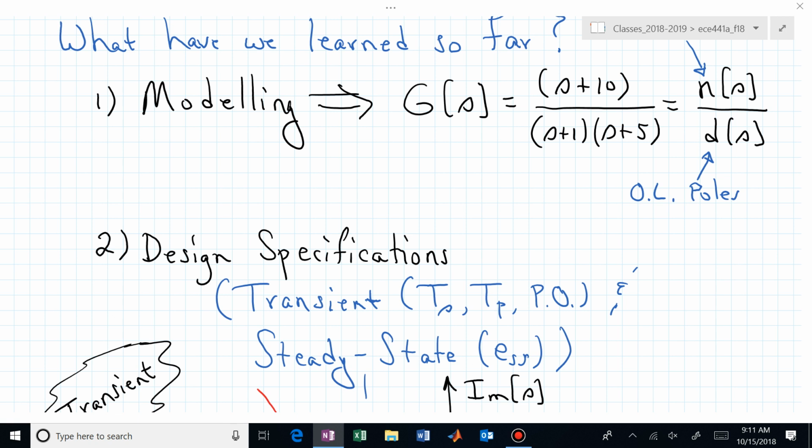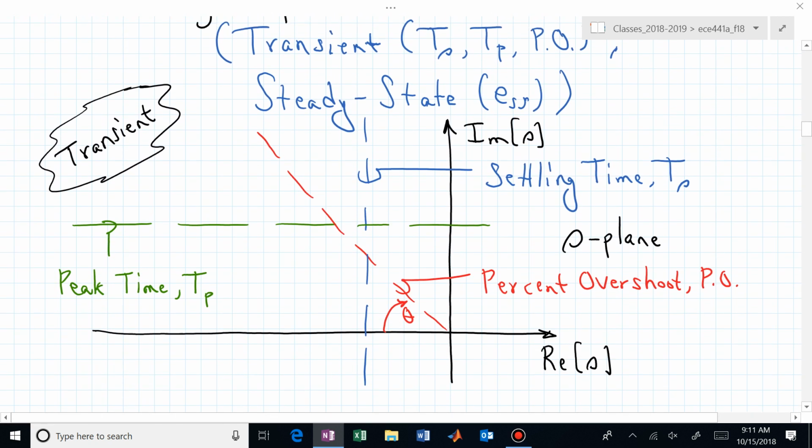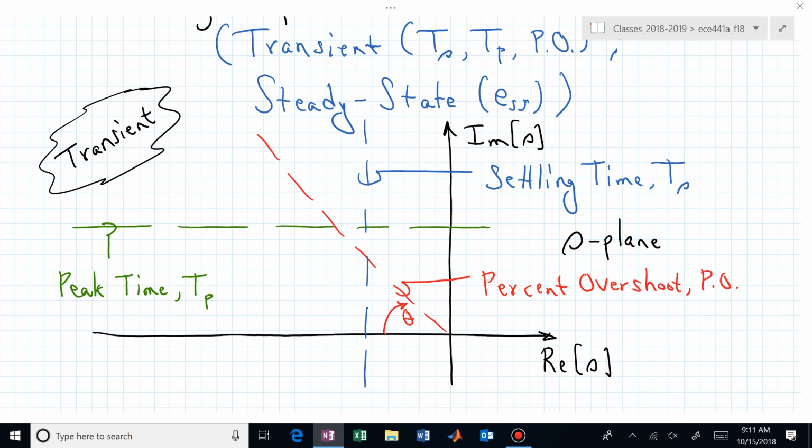Then I can mention percent overshoot. Now everybody's thinking pie or pizza, right? That's kind of what I think of when I have this wedge, angles, theta. And if you want less overshoot, what do you want with respect to that wedge? If you want less overshoot, you're going to get less pie, right?